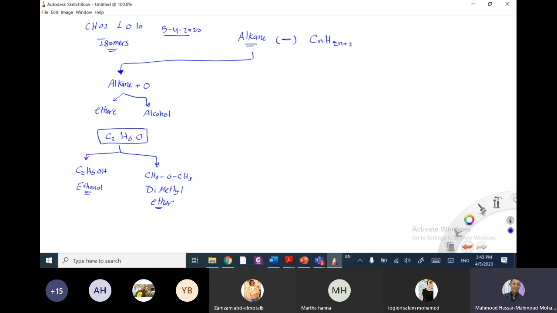Ethanol and dimethyl ether have different functional groups. This is the functional group OH, and this is the functional group O.